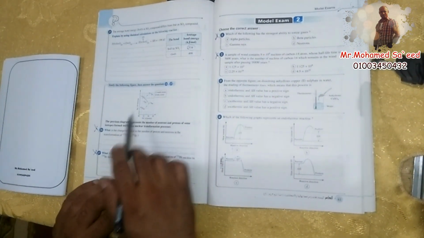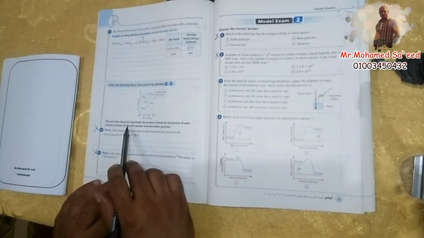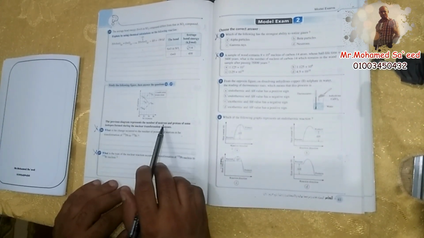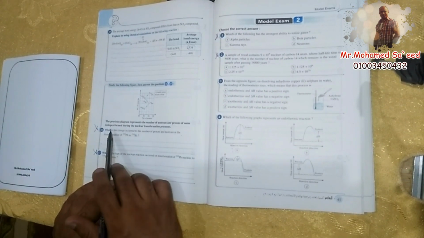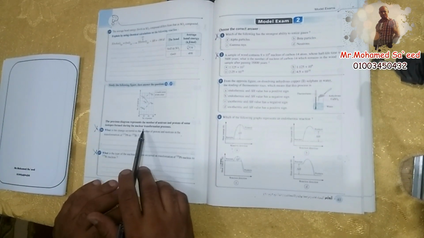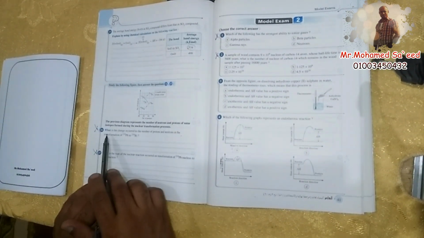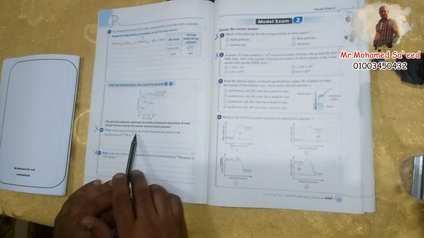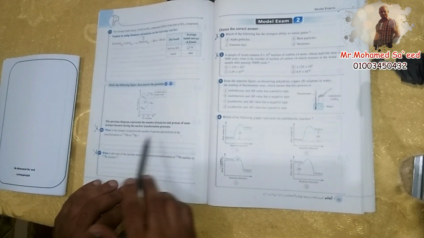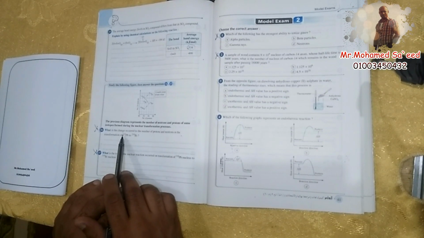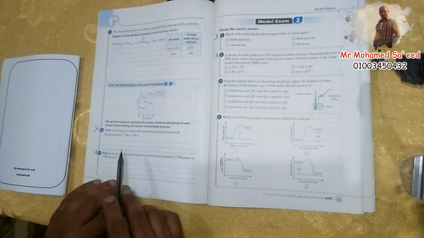In this question, 16 and 17, two questions. The previous diagram represents the number of neutrons and protons of some isotopes formed during the nuclear transformation process. What is the change that occurred to the number of protons and neutrons in the transformation of lead 210 to bismuth 210?